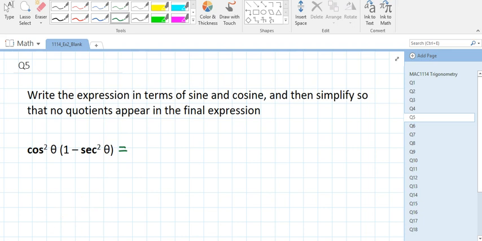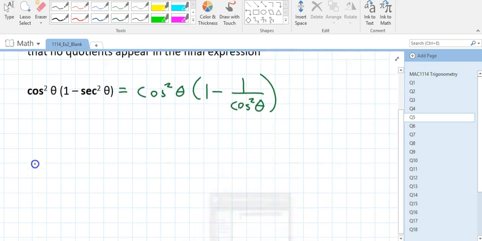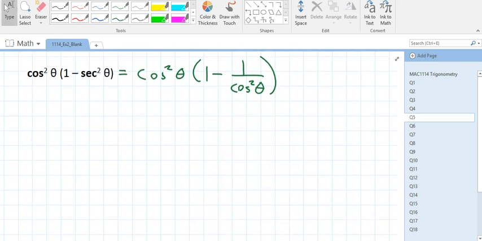So there's one idea. This secant is 1 over cosine, right? But since it's squared, it'd be 1 over cosine squared. So we have cosine squared alpha times 1 minus 1 over cosine squared alpha. Right? And then we distribute through, just like what Jasmanian Devil said.